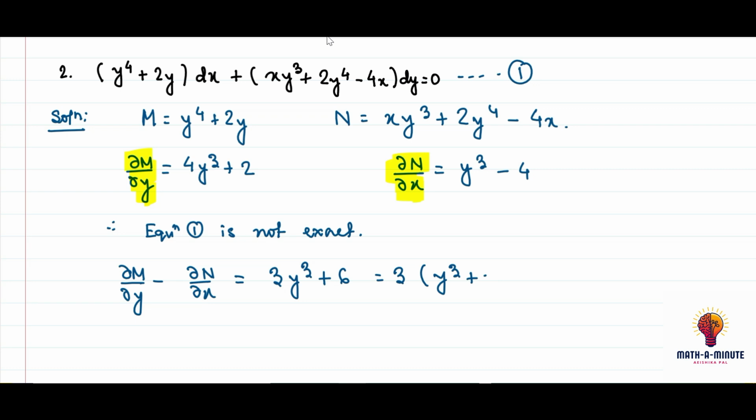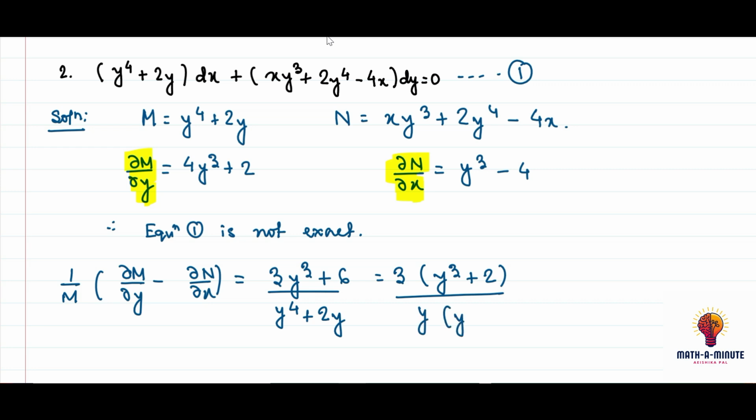Now think: if we divide this difference by N, is it possible to get only a function of x or only a function of y? It is not possible. But instead of N, if I divide this difference by M, M is y to the power 4 plus 2y, so we can take y common: y times y cube plus 2.